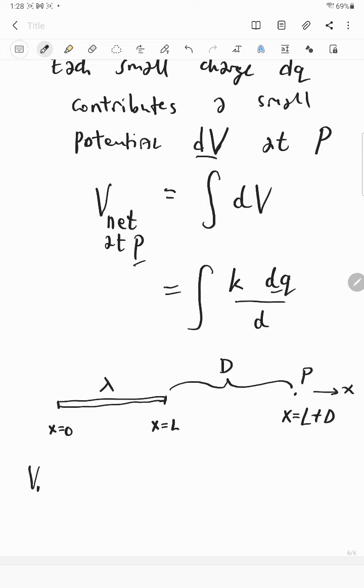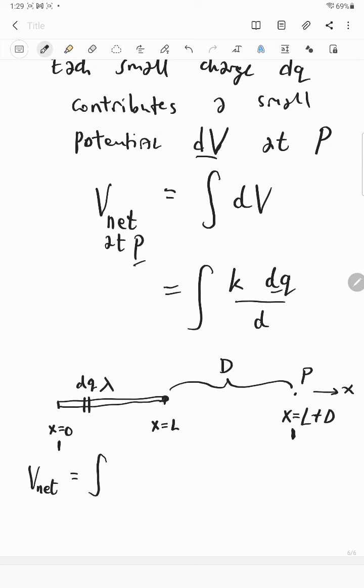And so the net electric potential over here at P, due to all these charges dq, can just be written down as an integral over distances.